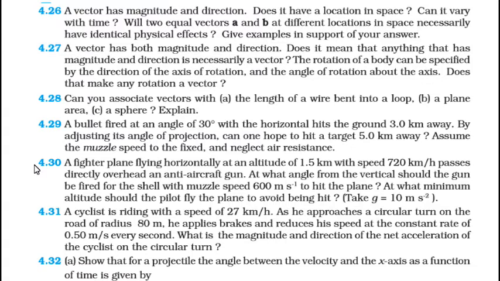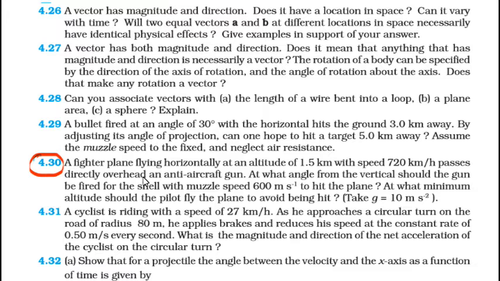Now, let us move to the next question, that is question number 4.30. A fighter plane flying horizontally at an altitude of 1.5 km and speed 720 km per hour passes directly overhead an anti-aircraft gun.